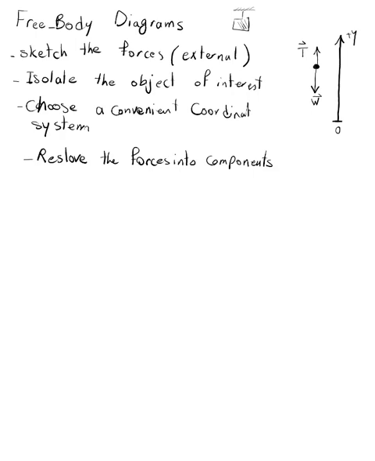So when it comes to Newton's second law, F equals ma, if you have two dimensions, it's better to write the summation of forces in the x direction equals m ax, and the summation of forces in the y direction equals m times ay.